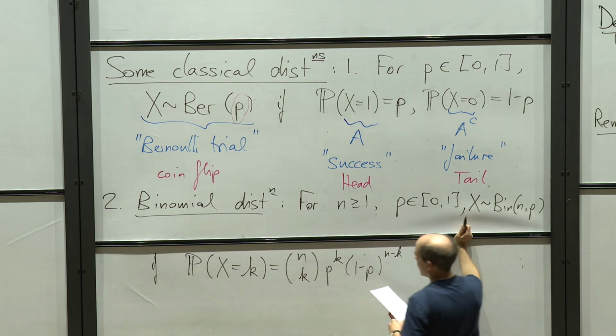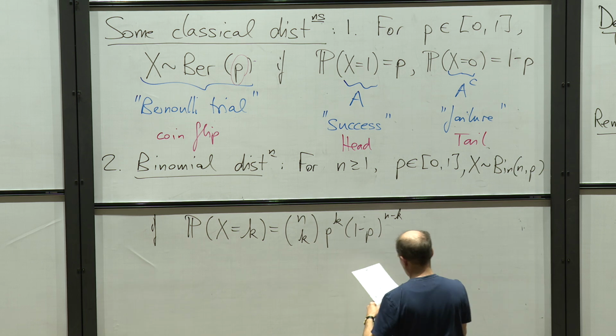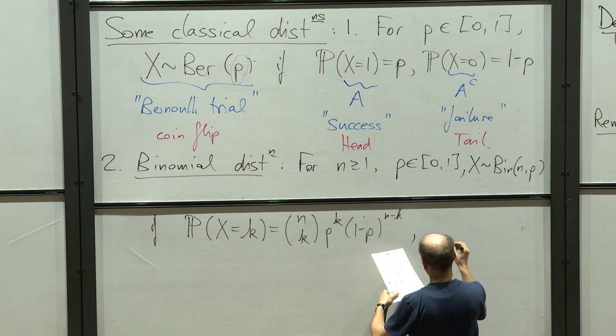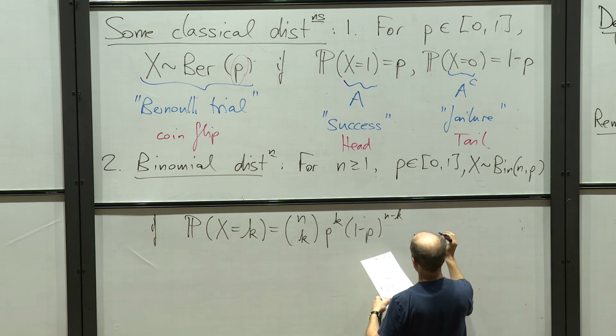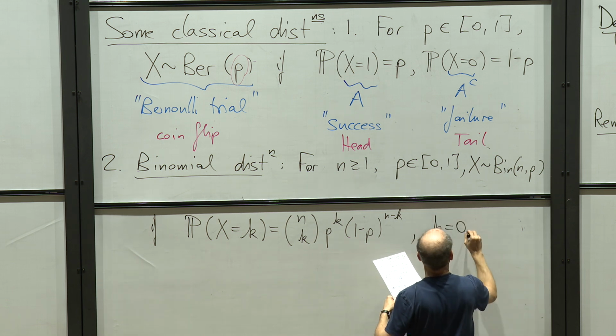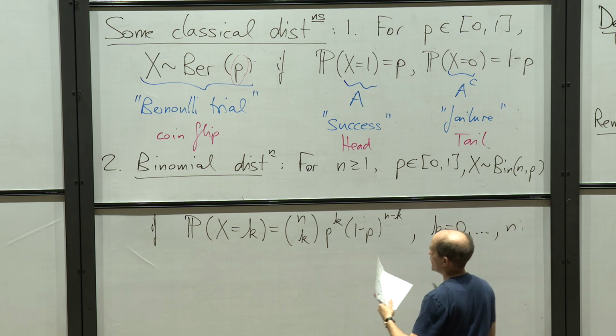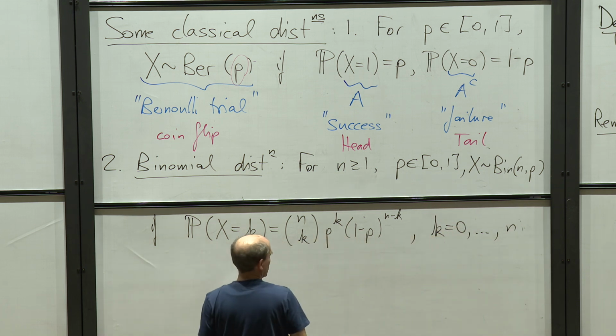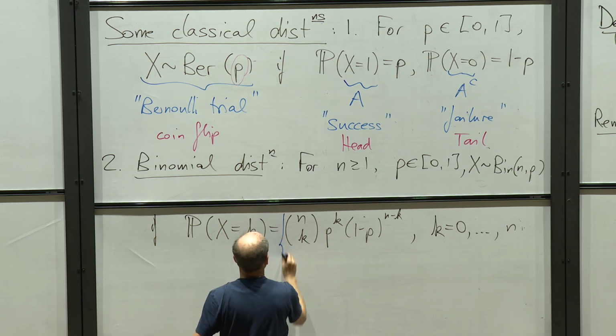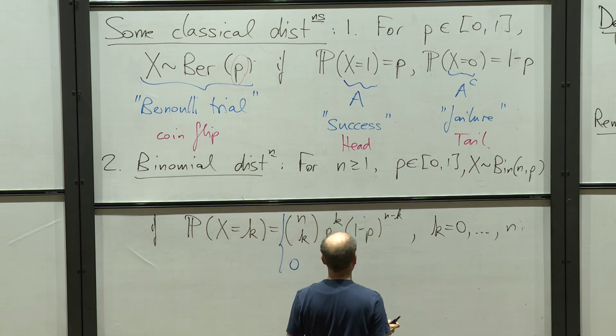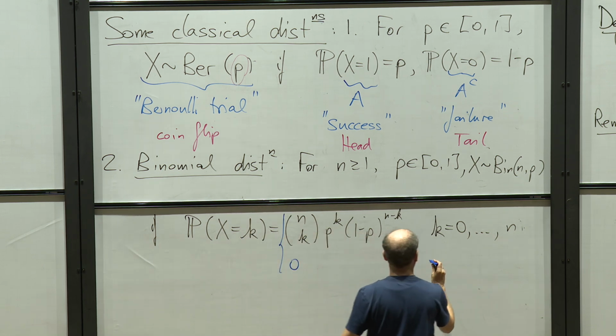And I'd like to insist that you specify what you want this to apply to. So you can write k from 0 up to n here, because implicit in these definitions is that we put 0 otherwise.